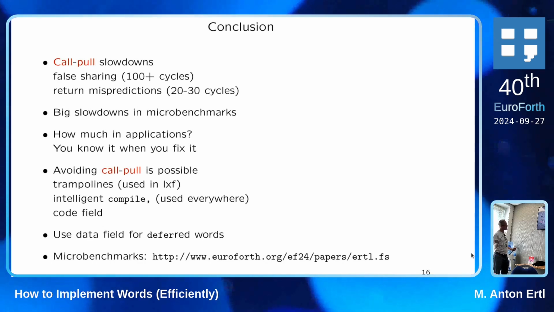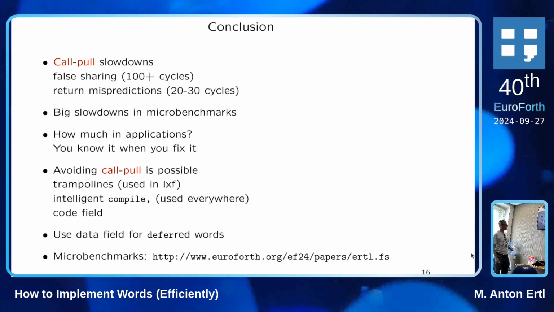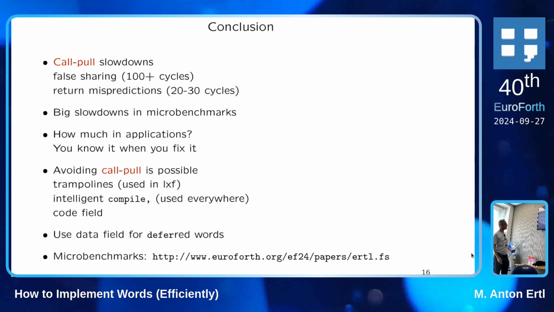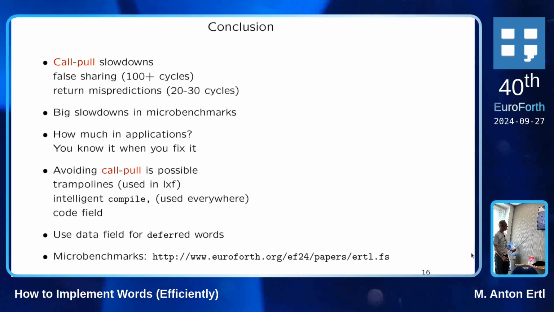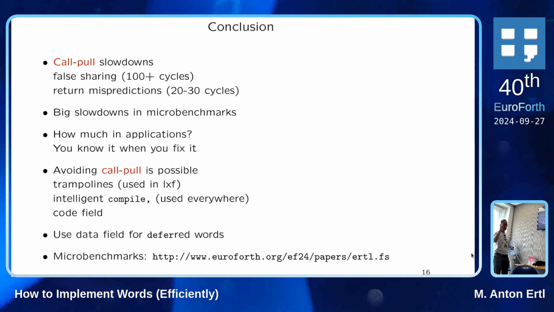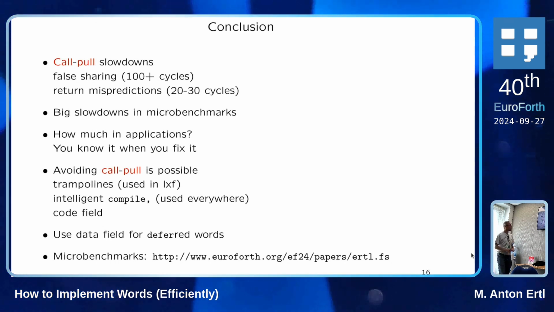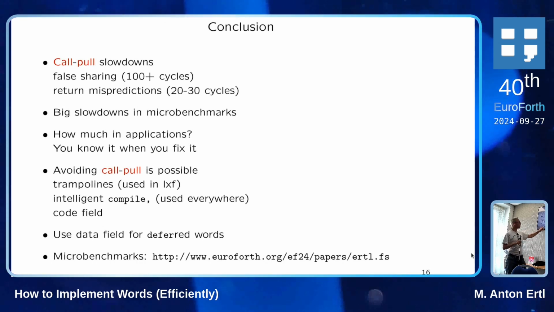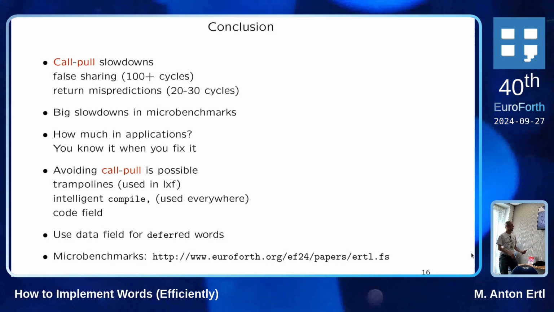You can also use the intelligent compile comma, and as an alternative to trampolines, you can also use the code field, which works best if you combine it with the intelligent compile comma. And you use the data field for deferred words. You can find the microbenchmarks at this address.